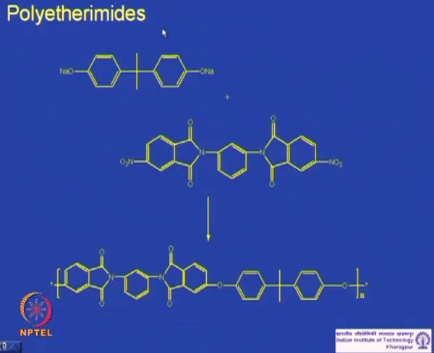So, we move to polyetherimides. Again this is the process of making polyetherimides, and these are again very high heat polymers. That means they can be used at very high temperature, and they are known by the trade name of Ultem.